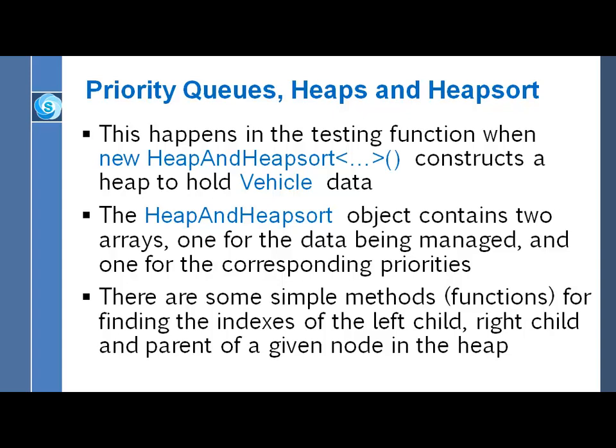The position of a left child is 2 times the position of the parent node, and the position of a right child is 2 times the position of the parent node plus 1. If you forget that, go back and look. Remember I said if a node has position i and has a left child, then that position will be 2i. If it has a right child, that position will be 2i plus 1.